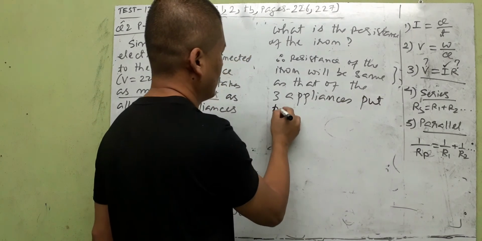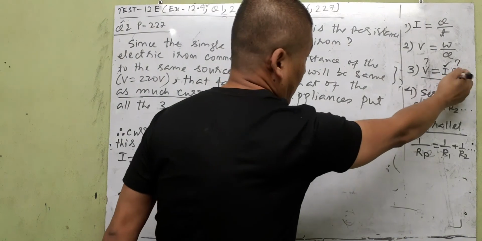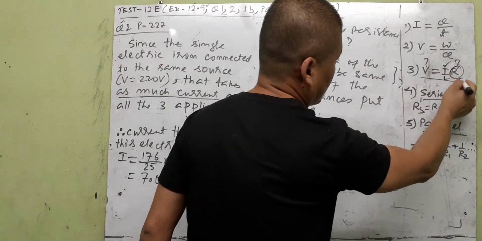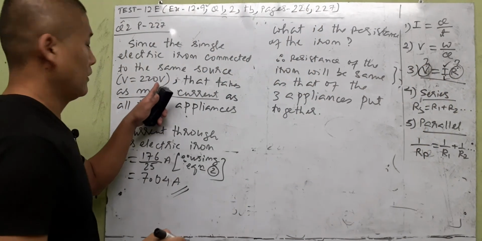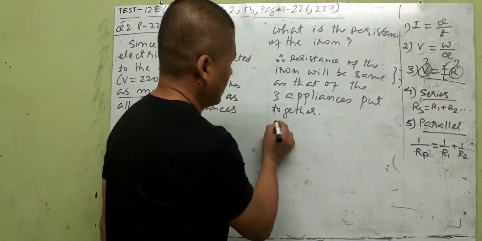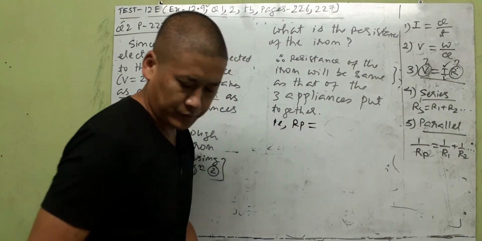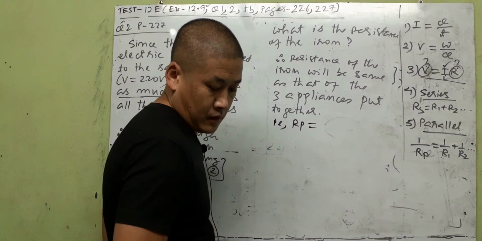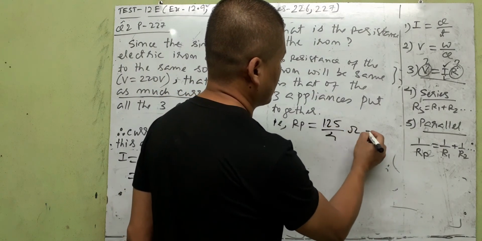How do you know? Because it's very simple. You see V equal to I into R. Same current is flowing, already established. Then same voltage, same I, same V as the three. Then R will surely be the same, right? So the resistance is R_P only, which is equation number 1: 125 divided by 4 ohms.